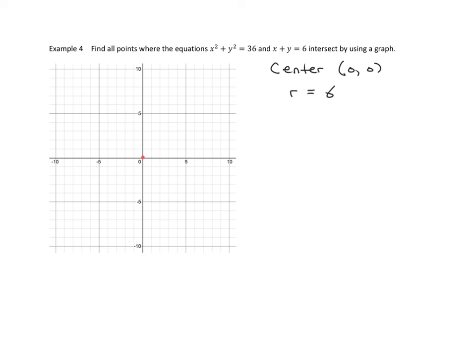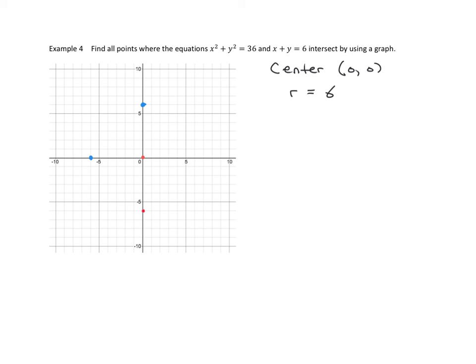Now if I want 4 points on this circle, so I can try to sketch it by hand, I'm going to go 6 in every direction along an axis from this point. So if I go up 6, this is the point (0, 6). If I go 6 in this direction, that is (−6, 0).